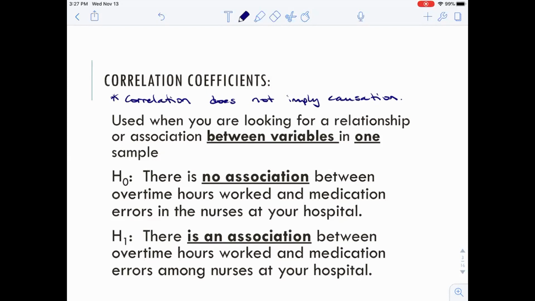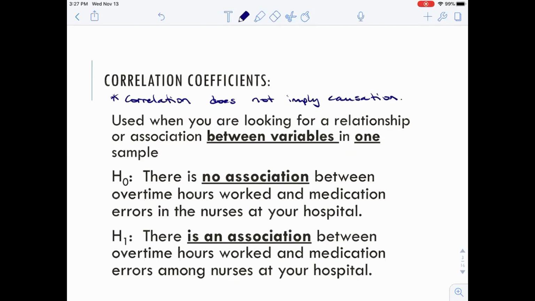As far as our null hypothesis goes, it's going to be the same as for a chi-squared. In fact, a chi-squared is a sort of correlation test, right? So if we're talking about overtime hours worked and medication errors, kind of a big deal, your null hypothesis is that there's no association between these two things.